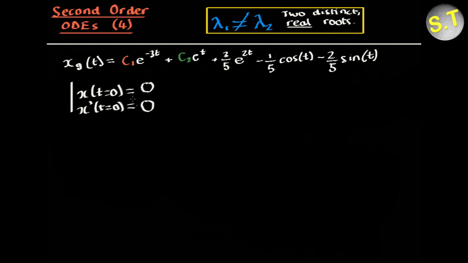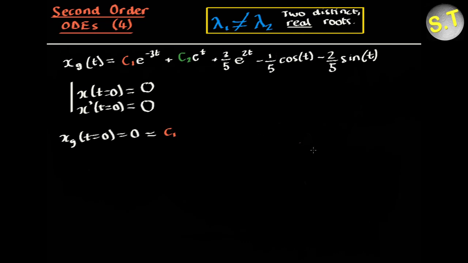So with these given initial values, all we need to do now is plug this into this equation. So our general solution, xg of t equals 0, which is equal to 0. And now all we need to do is impose t equals 0 everywhere we see t in this equation. So we have c1 e to the 0, which is just 1, so c1 times 1.